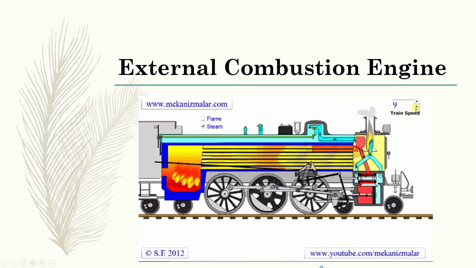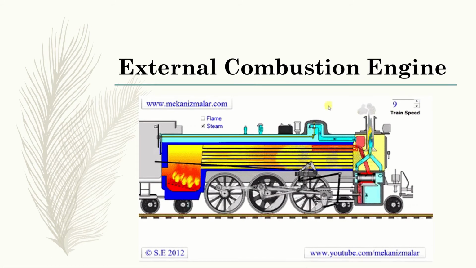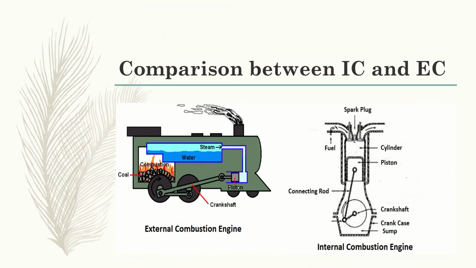Sige. So punta naman tayo sa comparison between IC and EC, or internal combustion and external combustion. So dito sa external combustion, yung fuel combustion takes place outside the engine, while doon sa internal combustion is inside the engine. So yun lang naman yung madaling intindihin, no. Pag external, sa labas; pag internal, sa loob.